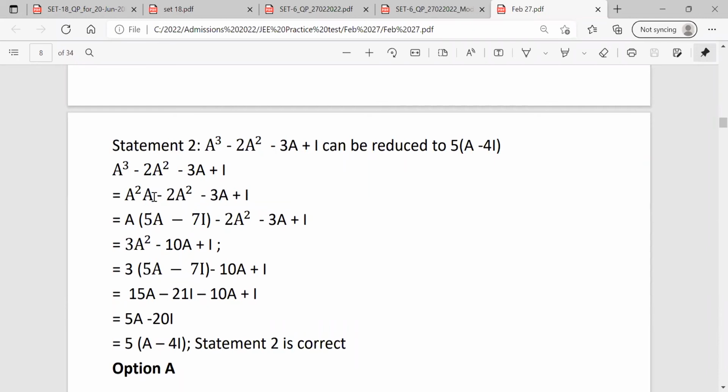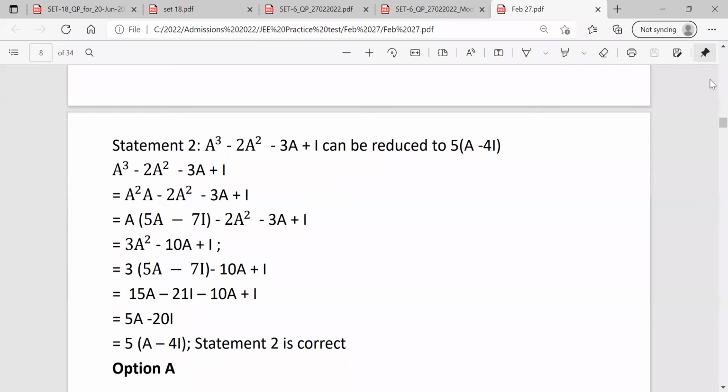So what I'm planning to do is rearrange this. A cube can be written as A square A, minus 2A square minus 3A plus I. And I have the value of A square here.